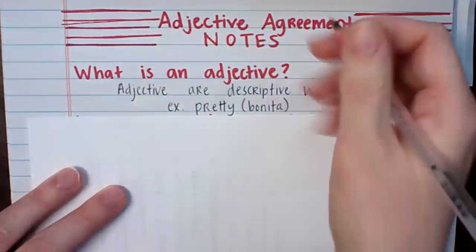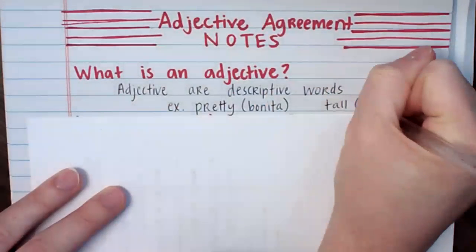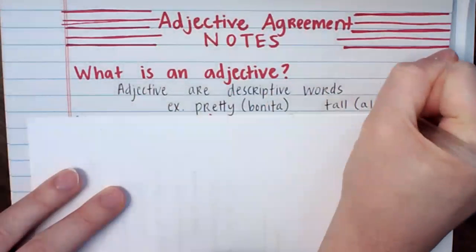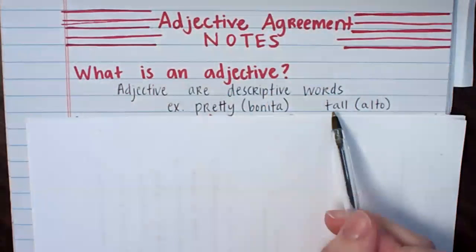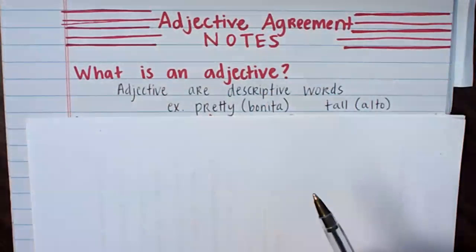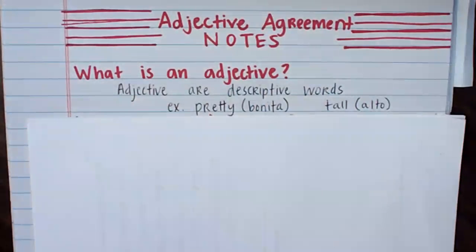Another adjective might be tall, which is alto in Spanish. So you see these words could be used to describe somebody. If I said, Chris Hemsworth es alto y bonito, he is tall and pretty, that would be an accurate sentence.